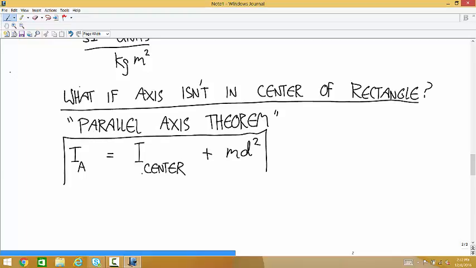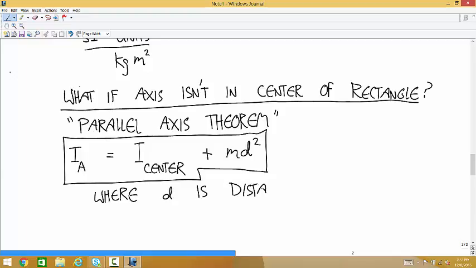I'll tell you what d is. It is a distance, where d is the distance from the center to the axis.